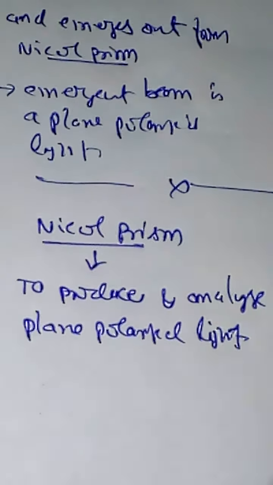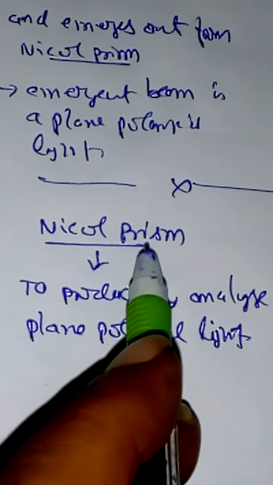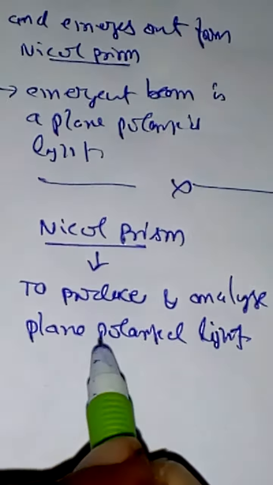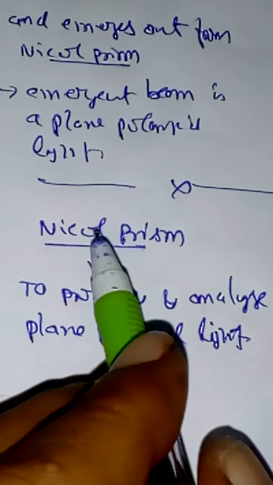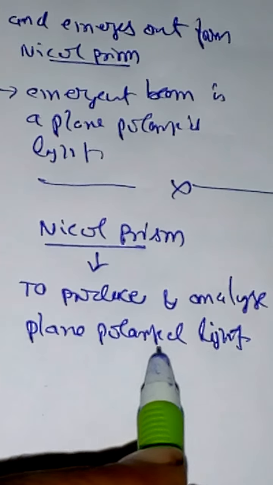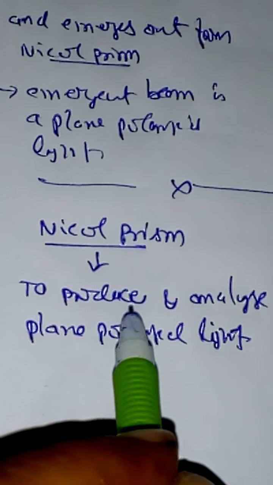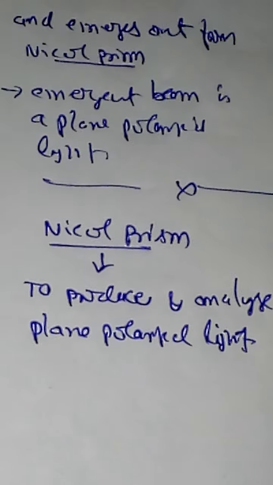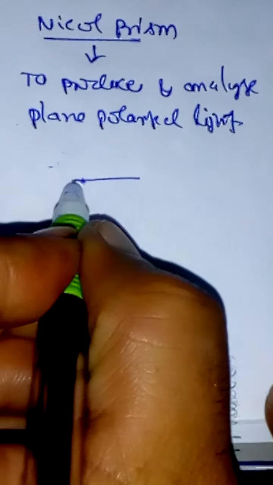This is the purpose of a Nicol prism. Its purpose is to produce and then also analyze plane polarized light. So let us understand geometrically how to produce and then analyze plane polarized light. Consider a polarizer, one prism.